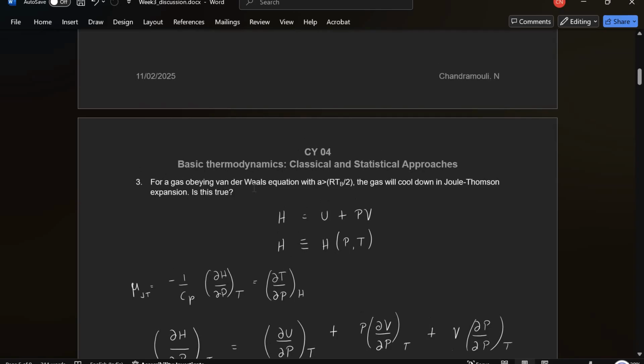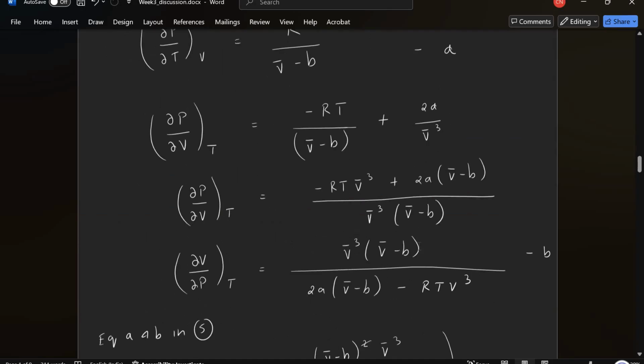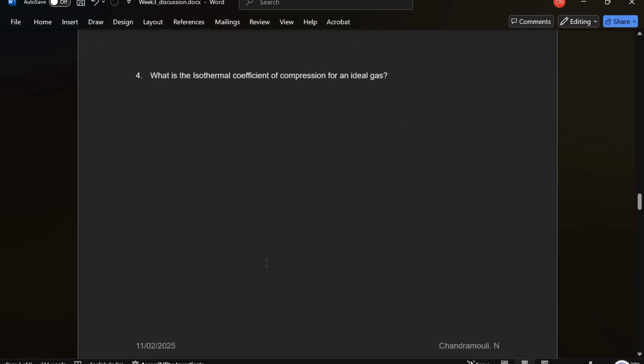So if I go back to the question where A is greater than RTB by 2, this is the Boyle temperature. We want to see what will happen to the gas, whether it's going to cool down or the temperature is going to increase. It's as simple as that. So we'll use that assumption.